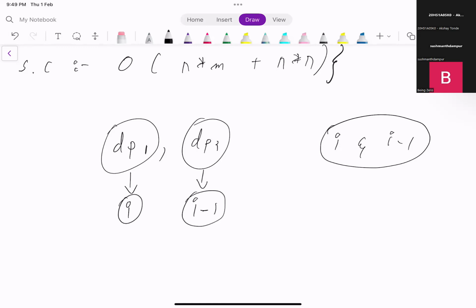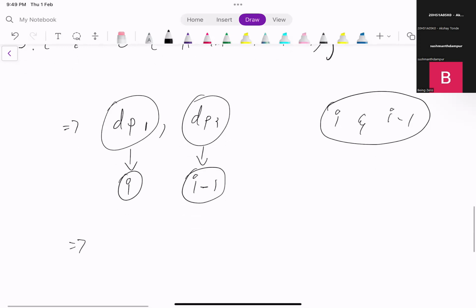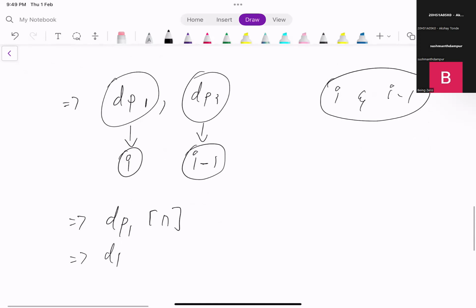So with this, we can just maintain two dp arrays, and the size of dp1 will be n, and dp2 size will be n. In our case, it is n plus 1 because we are doing it 1 based, but this 1 can be optimized by doing it 0 based.